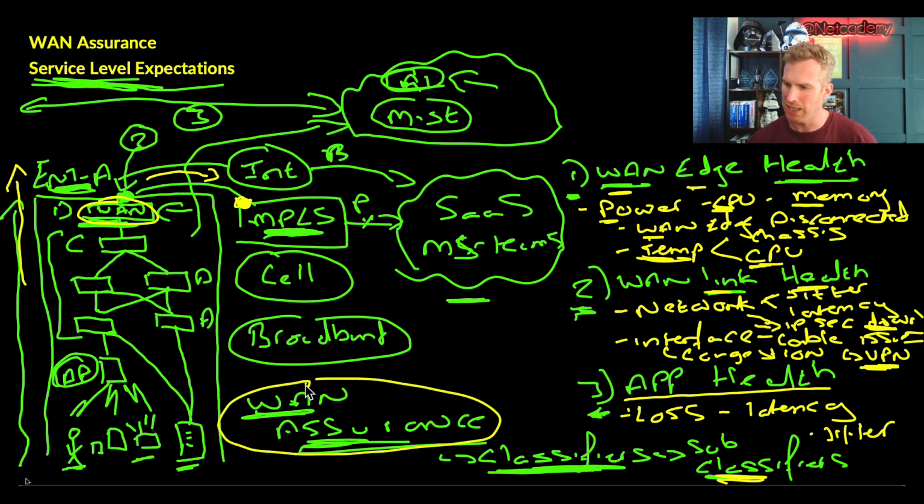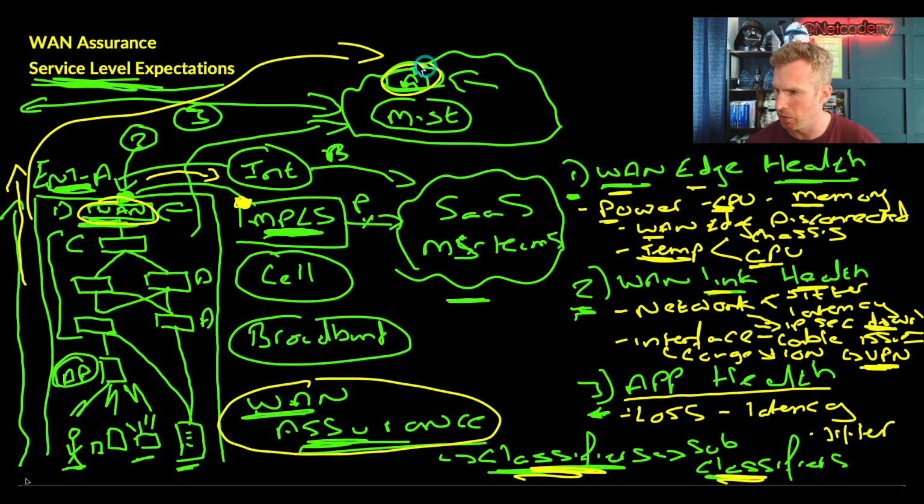And what the classifiers are doing for each one of those SLEs is classifying out more context, more meaning. When you've got all of this data from your enterprise up to the Mist cloud and it goes through the AI engine, the classifiers give meaning and substance to all of that data. So if the WAN router is running at a high CPU, that's obviously going to impact all of the devices' applications going in and out of that network.